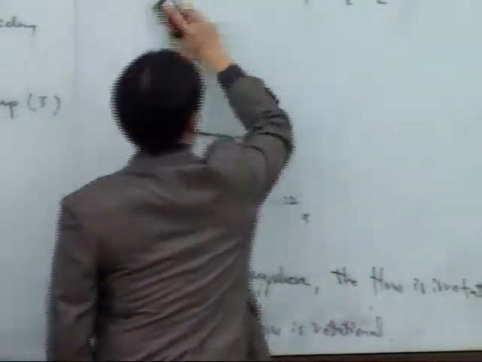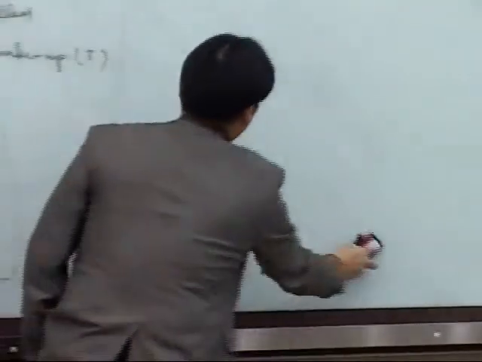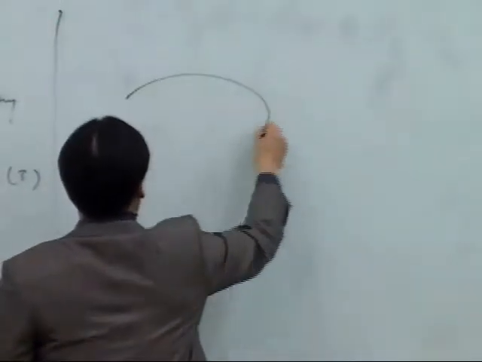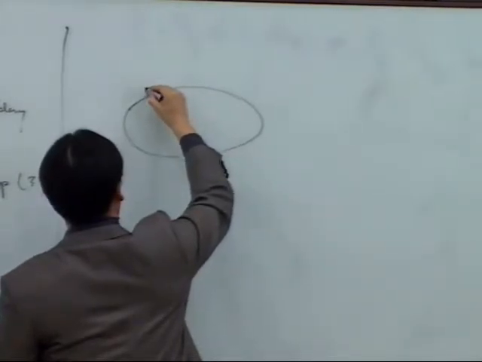So what it says here is whenever you have viscosity, you expect vorticity to be generated near the boundary. So if you have a body like this, and if you have viscosity, then velocity changes from 0 to some value.